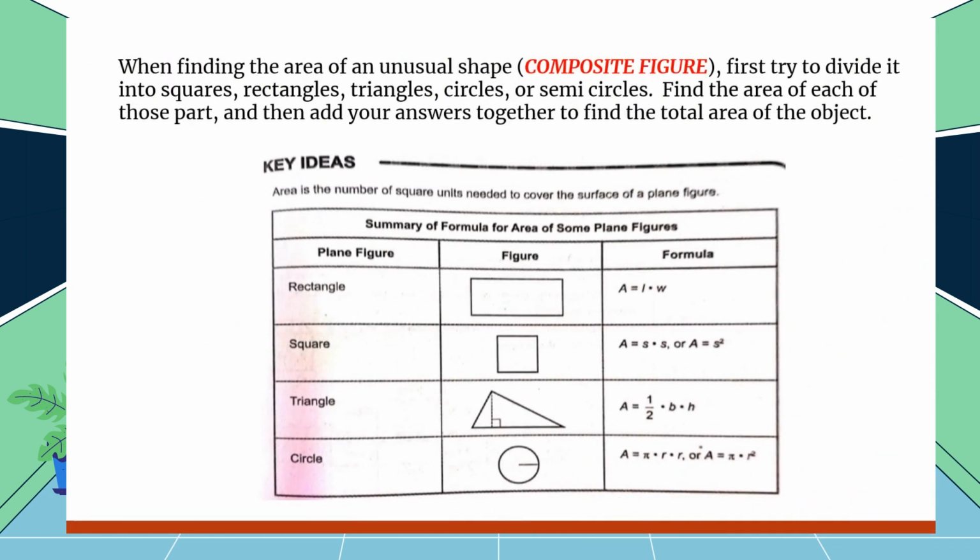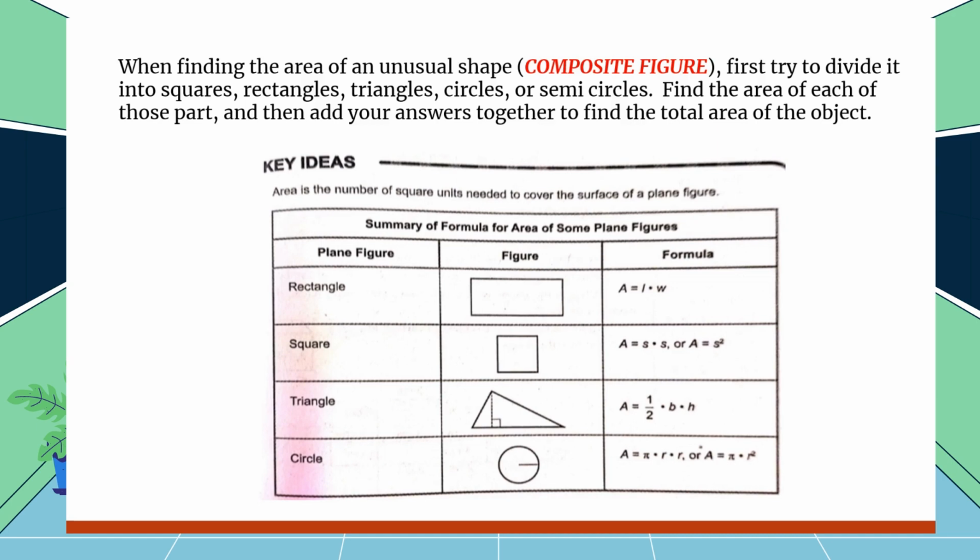For us to attain our objectives today, we need to consider this. When finding the area of an unusual shape o yung tinatawag nga natin composite figure, at first, try to divide it into squares, rectangles, triangles, circles, or semicircles.